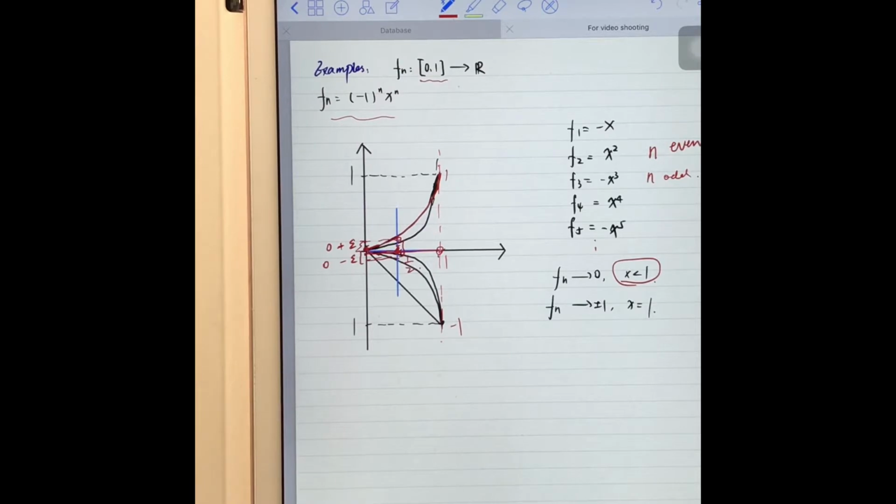So if a sequence of functions is not even pointwise convergent, then it cannot be uniformly convergent, right? Actually, we have another useful theorem, or criterion, for you to check that a sequence is not uniformly convergent.